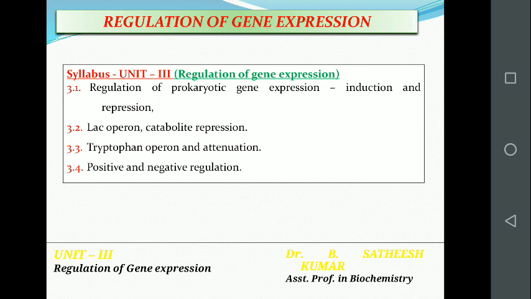When we look at the entire structure of this unit, we are going to cover only 4 basic things. First one is lactose operon, second one is tryptophan operon. Lactose operon is an example of induction, and tryptophan operon is an example of the repression process.